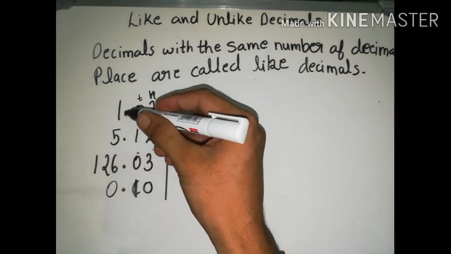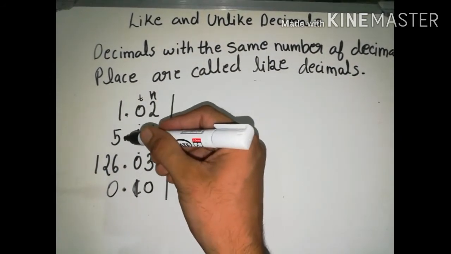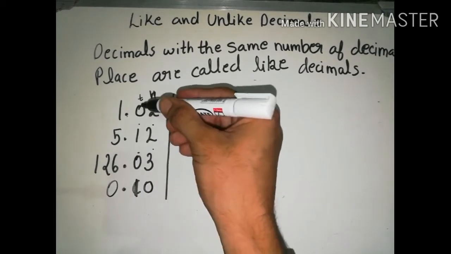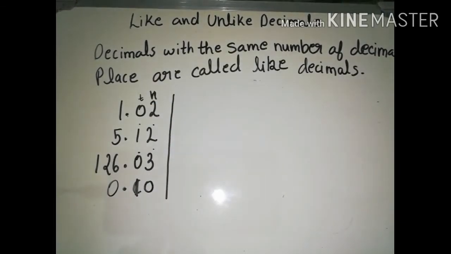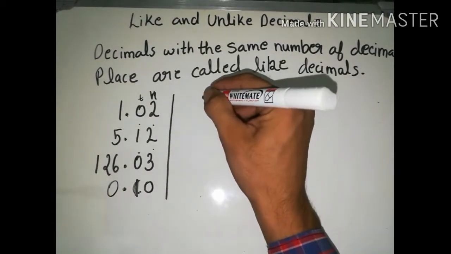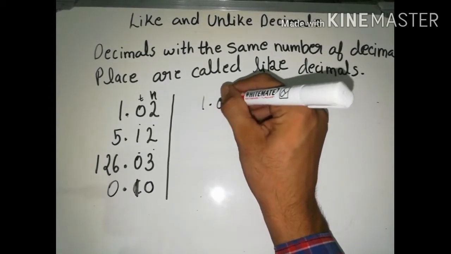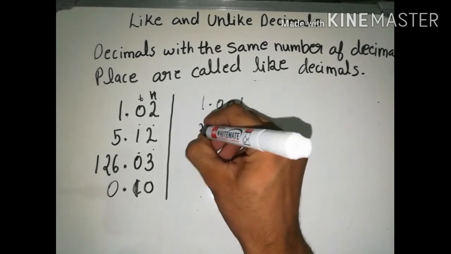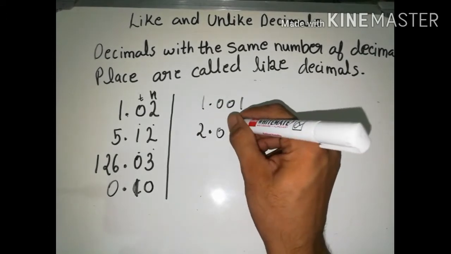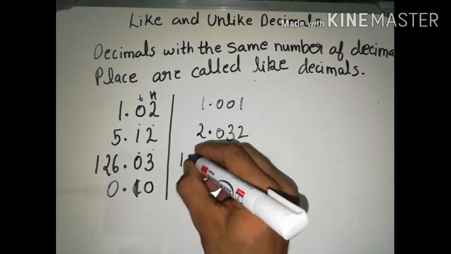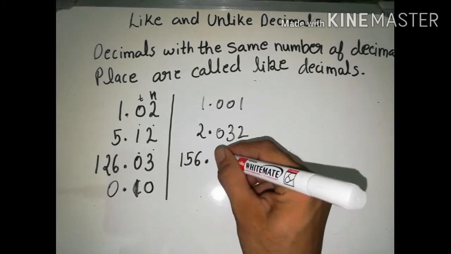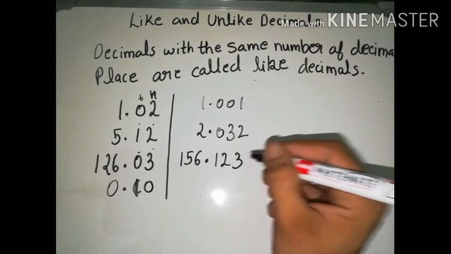In this pair, see, मैंने बिल्कुल decimal के नीचे decimals लिखे हैं so that comparison में easy हो. So one more example I am giving of like decimals: 1.001, 2.032, 156.123.